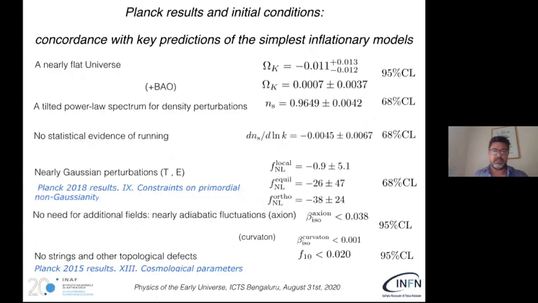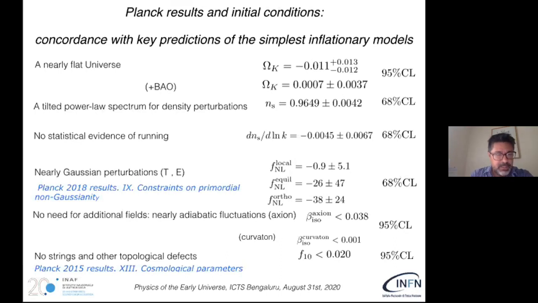So let me now discuss the Planck scorecard for inflation. Planck is consistent with the key predictions of the simplest inflationary model, and by simplest, I mean the slow-roll single field with a standard kinetic term, Bunch-Davies initial conditions on a flat Friedmann-Robertson-Walker metric.